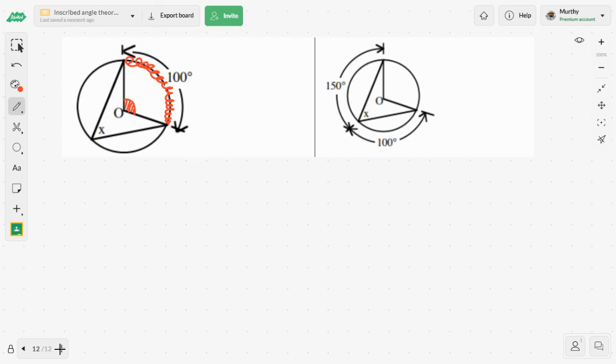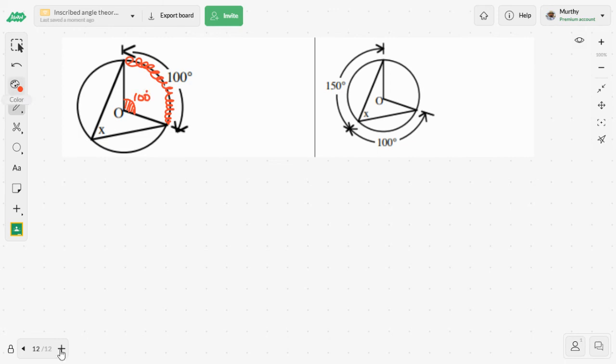If the central angle is not given, I know the arc that is equal to the central angle. Therefore, this is going to be 100 degrees.